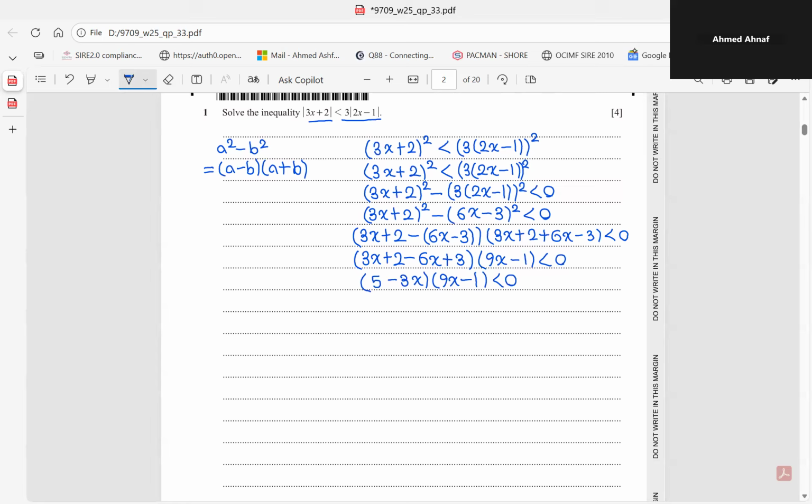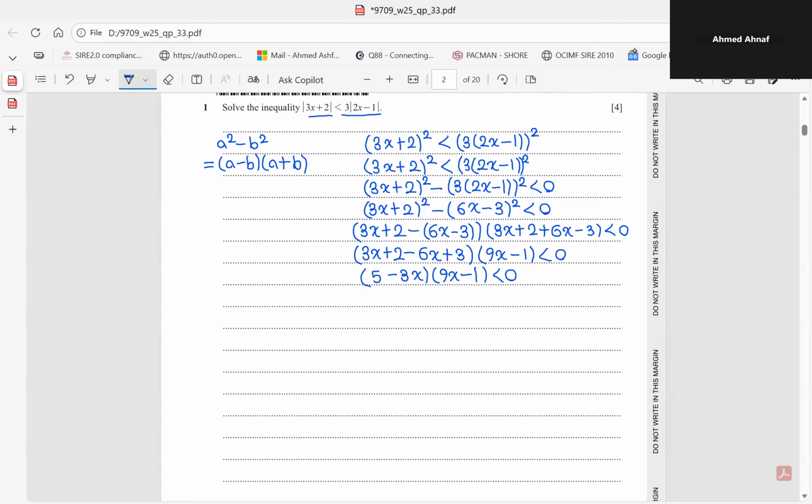Now we have a quadratic inequality. To solve such an inequality, we should first see what shape this expression would have if we plotted a graph of it. If you multiply negative 3x times 9x, you would get negative 27x squared. Since our x squared term has a negative coefficient, the graph would be like this.